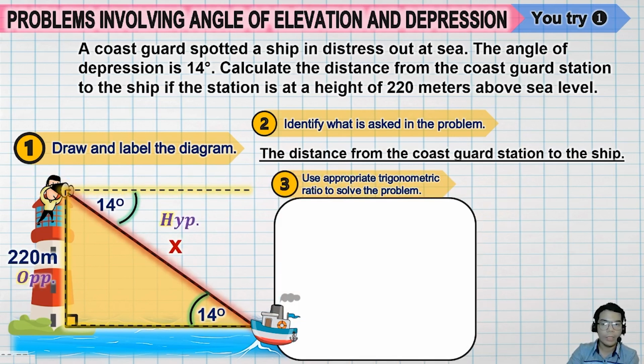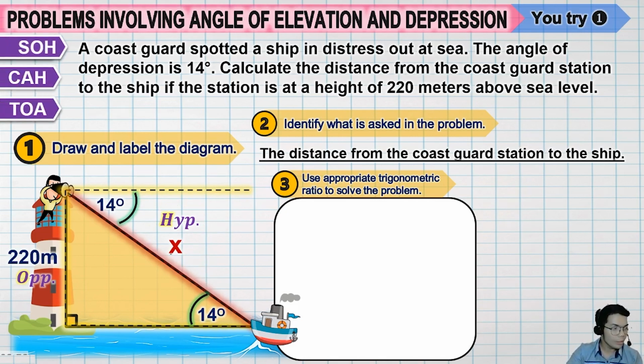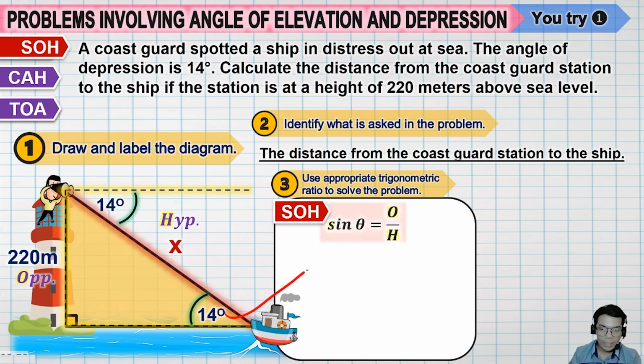That's gonna be considering the opposite side, which is 220, and the hypotenuse, which is the one missing. Yan, si x. So, we'll be using sine. So, that means sine theta is equal to opposite over hypotenuse. Now, our given angle is 14 degrees.